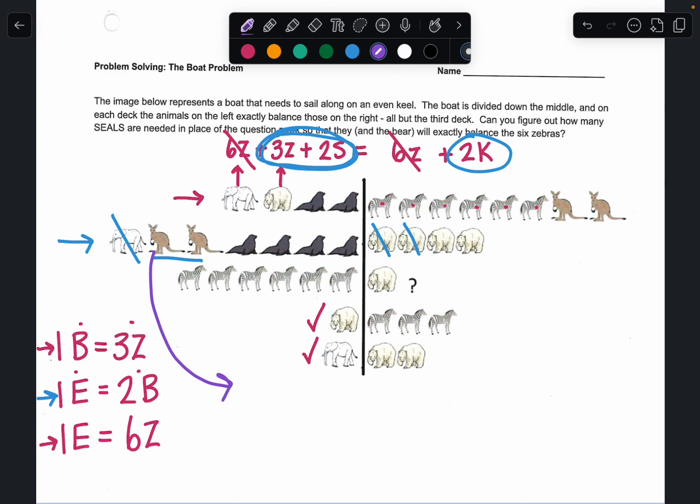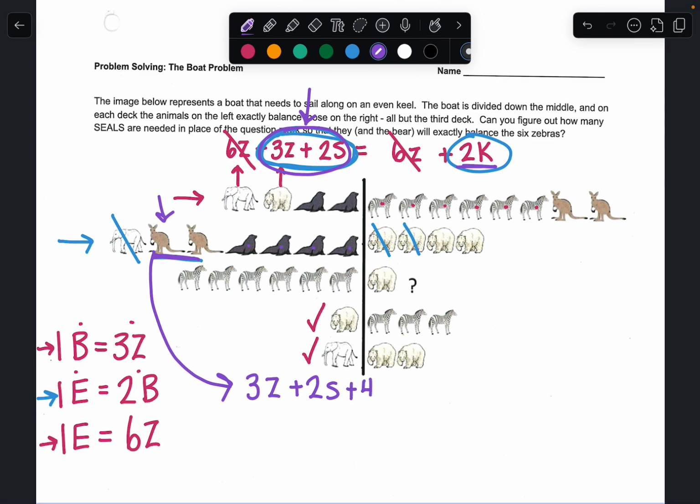It's getting complicated. Here we have 2 kangaroos, but instead of putting kangaroos, let's convert those to what we found out up here, the zebras and the seals. We have 3 zebras plus 2 seals. Instead of writing the kangaroo, we are writing what the kangaroo equals, which is 3 zebras and 2 seals. And then on that side, we have 1, 2, 3, 4 seals.